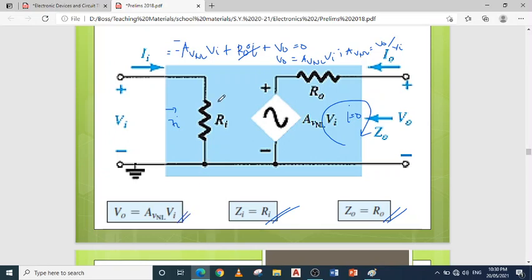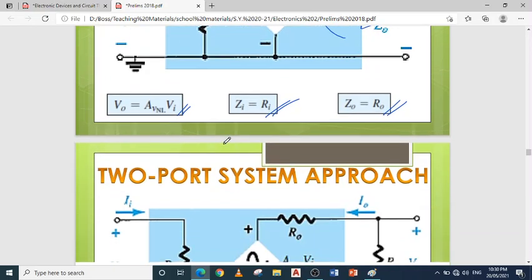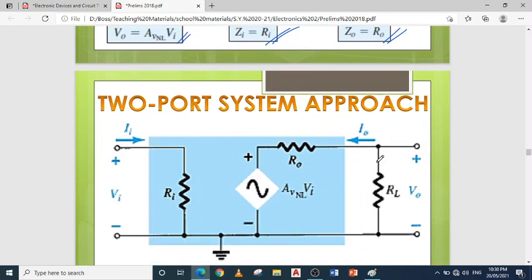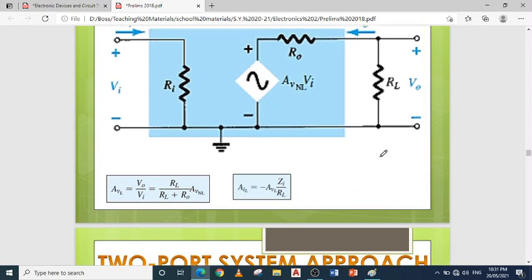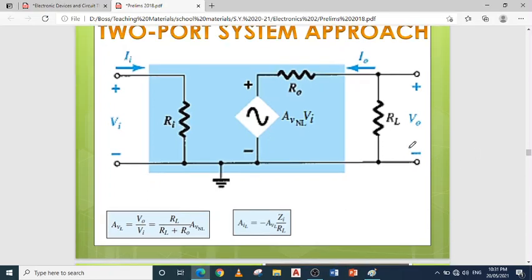You have to take note of the circuit, the look of RI and the look of RO. RO is in series, connected to ground with ZI. Now, if we have RL connected, this is like another voltage divider.